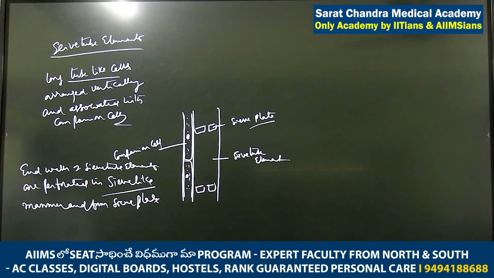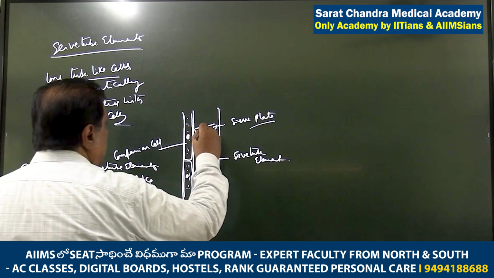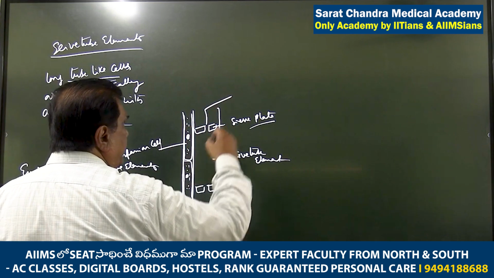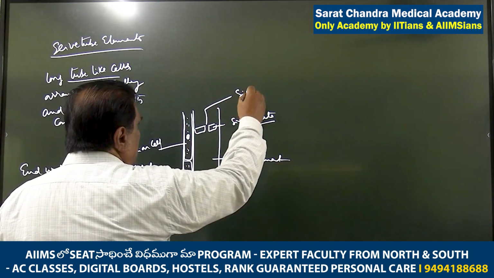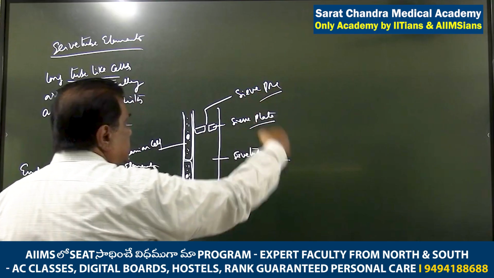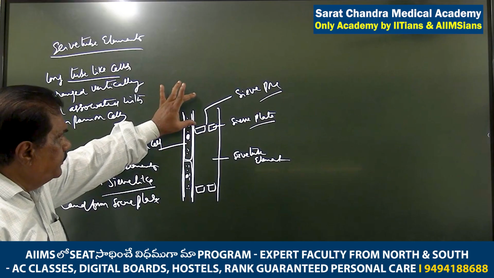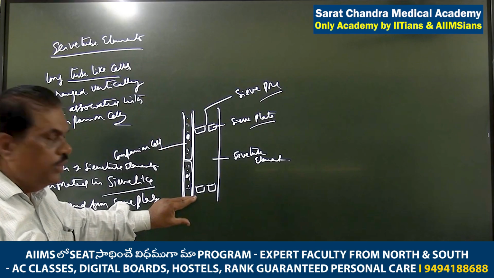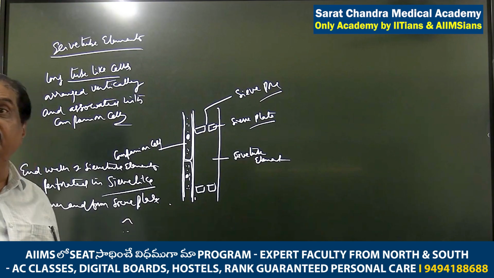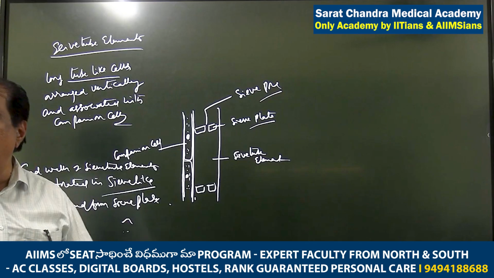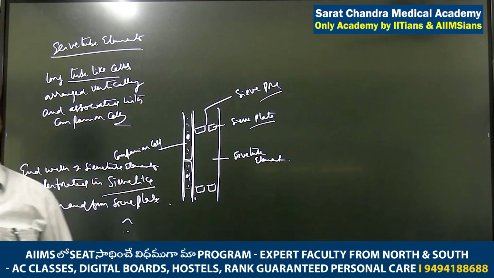The pore present in the sieve plate is called a sieve pore. This is one sieve tube element, this is the second, and this is the third. Like that, the sieve tube elements are linked with one another to form a long tube-like structure.